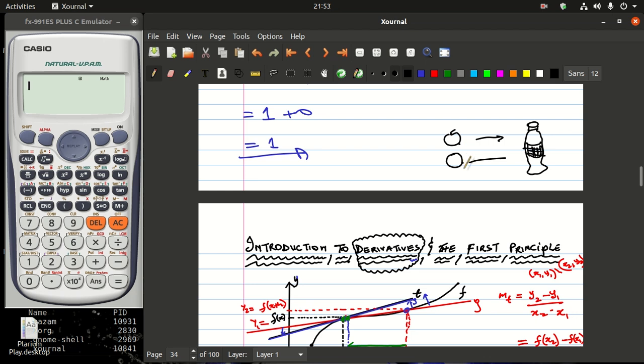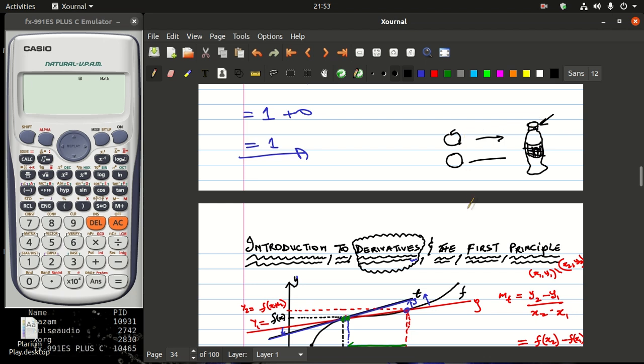Without this apple, there was no juice. So this juice came from that apple, and since this one comes from that, we say that this juice is a derivative of that apple.